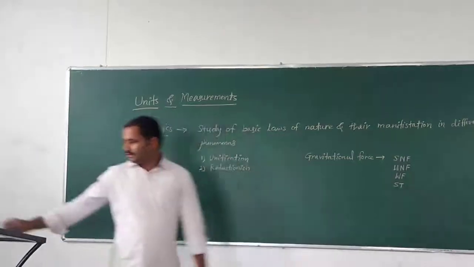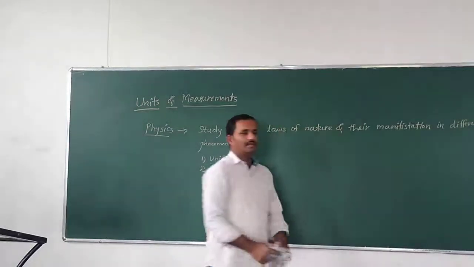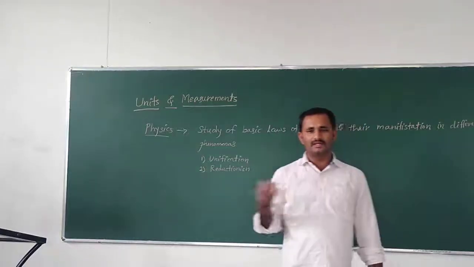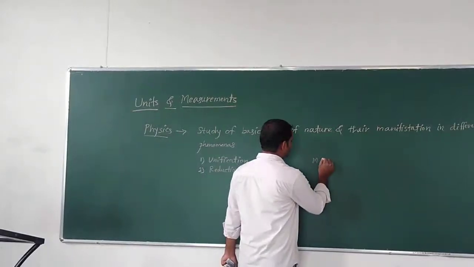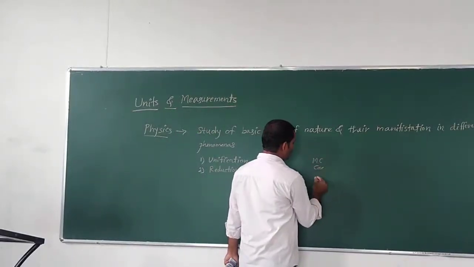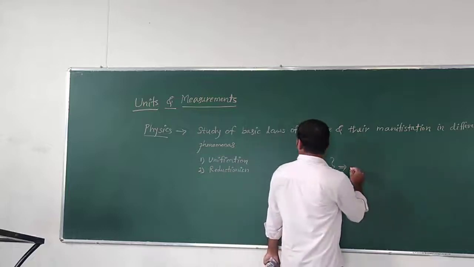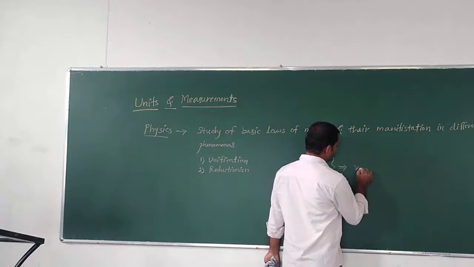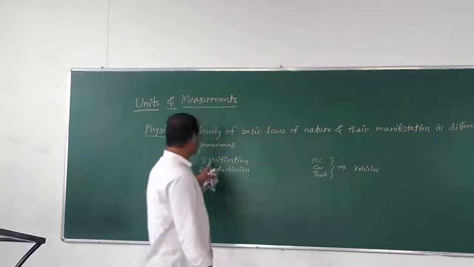We can take different examples also. I have told you the example of cars. Different vehicles are there, like motorcycle, and these all are unified under vehicles. So this is unification.